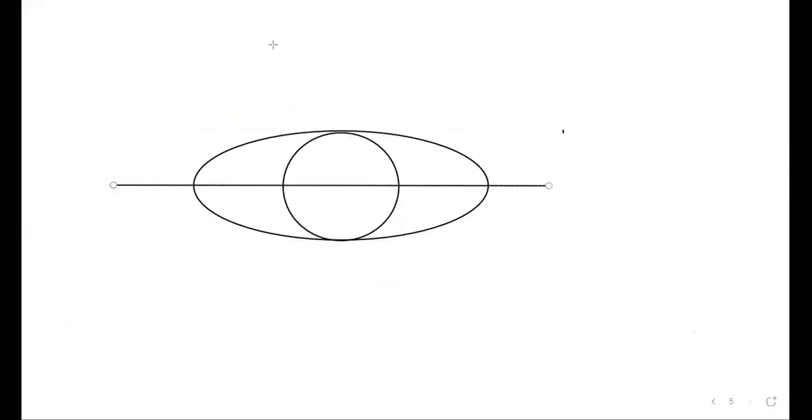Yes, sir. So the minor axis became the diameter, and the circle passes through the focus. So what can you say? This distance and this distance should be equal, the radius of the circle.